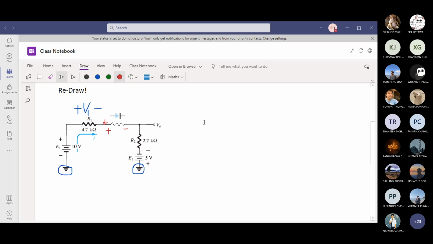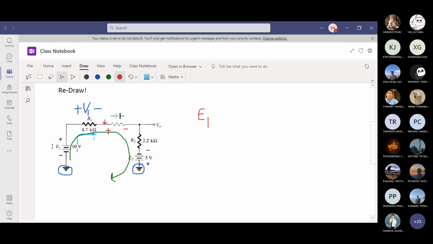We can now solve for the whole loop. Now let's draw the loop. So the loop is active. This is our loop KVL. What is the KVL formula in this circuit?